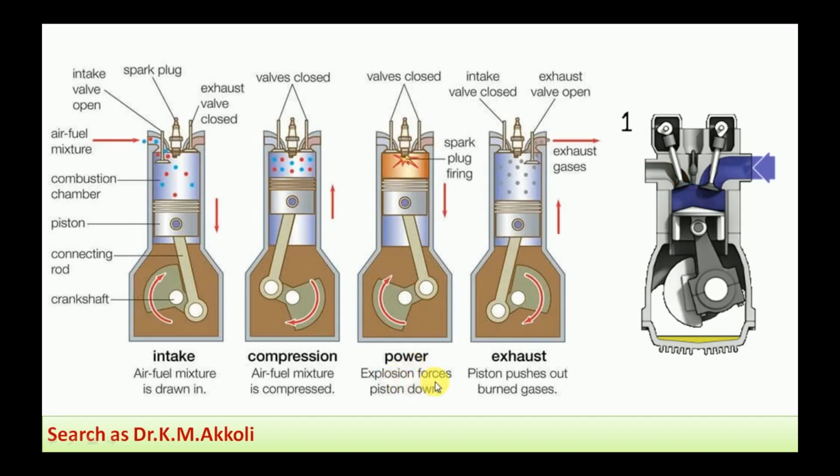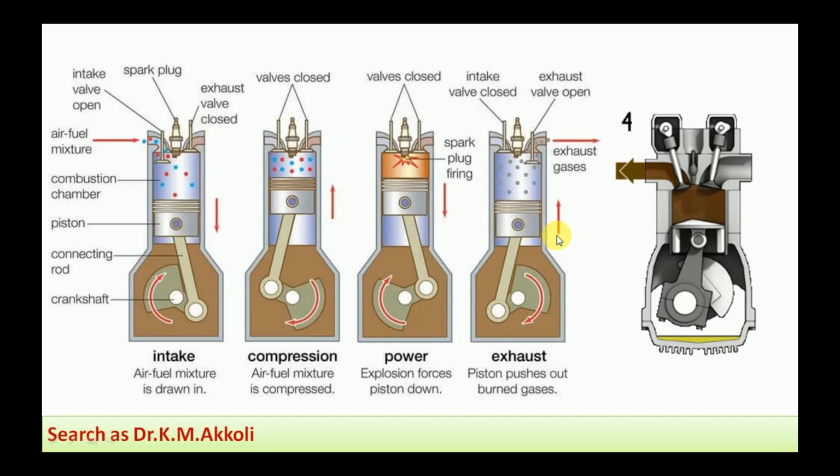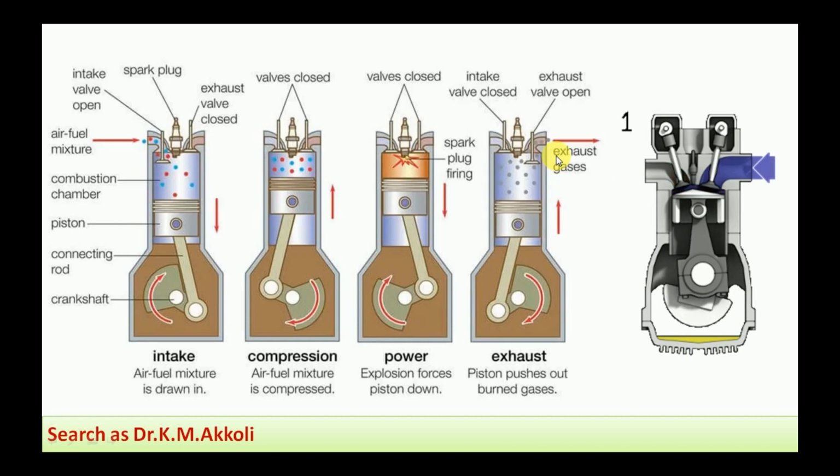The explosion forces the piston down. That explosion force will make the piston move in the downward direction. The next one is the exhaust stroke. Here the piston is moving from the bottom dead center to the top dead center, and in this one the inlet valve remains closed and the exhaust valve will be open.